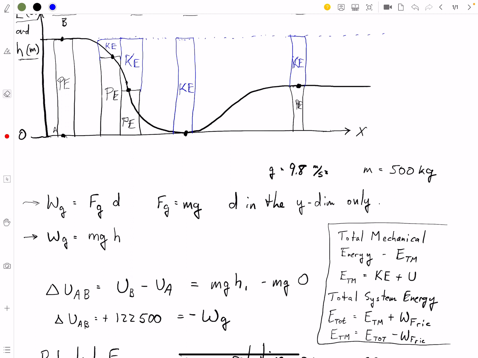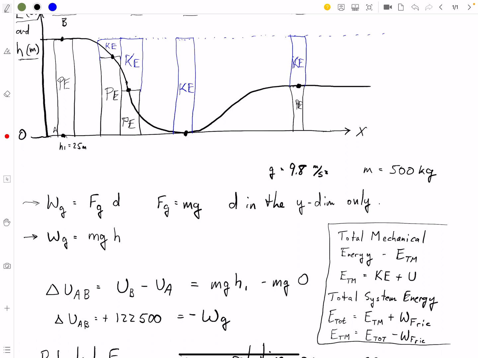You guys don't have something that I do. You don't know that this is point 1. This is H1 equals 25. You know what? I want to do that in black. Okay. H1 is equal to 25 meters.